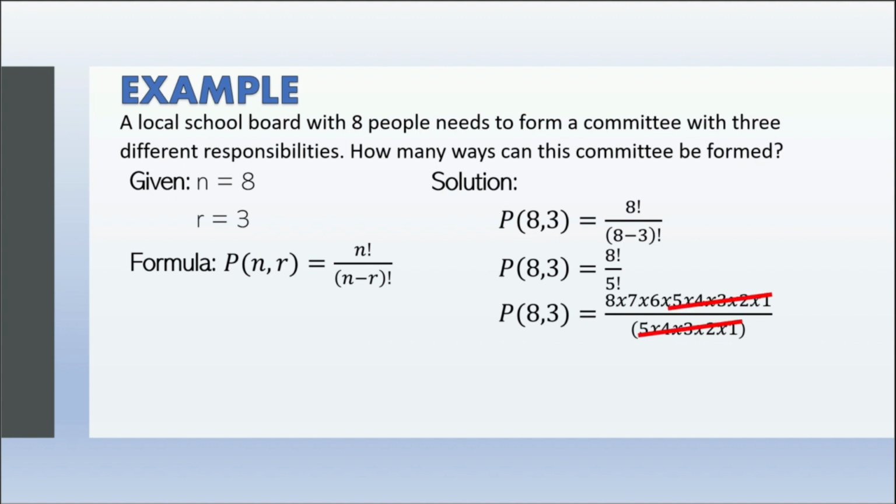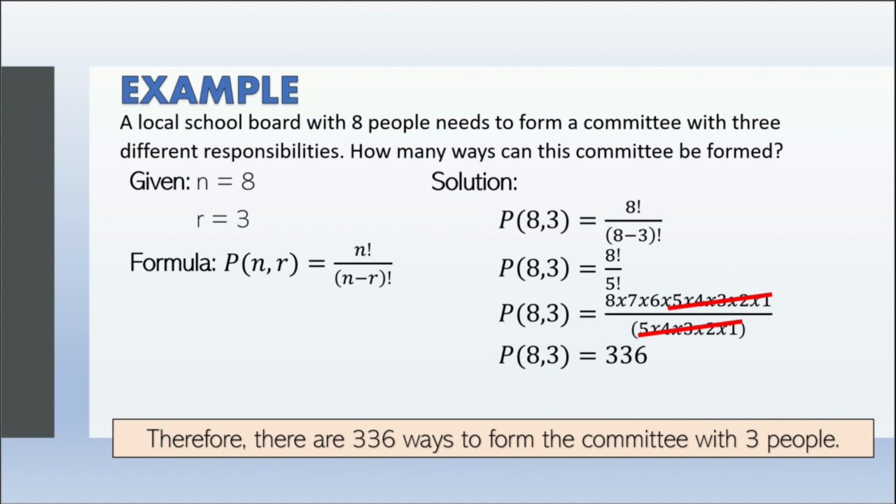We cancelled out 5 times 4 times 3 times 2 times 1. The remaining terms now is 8 times 7 times 6, and 8 times 7 times 6 is equal to 336. Therefore, there are 336 ways to form the committee with 3 people.